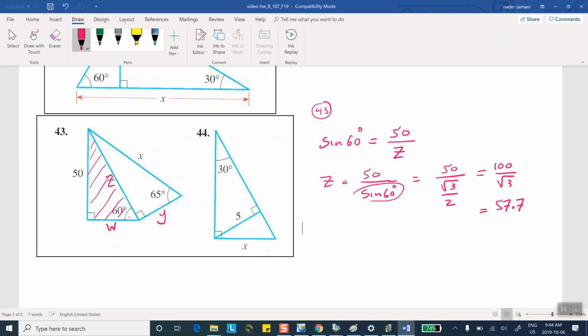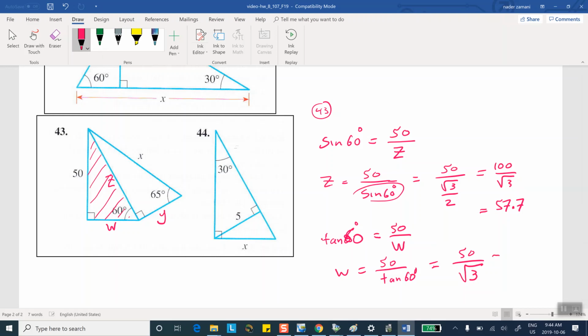Now let's get the W. So let's see now. We have, for example, tangent of 60 degrees. Tangent of that is opposite, which is 50, over adjacent, which is W, and therefore W is equal to 50 over tangent of 60 degrees. Okay, 50 over this guy is root 3, I know, but if you don't know it, go and do it with your calculator.